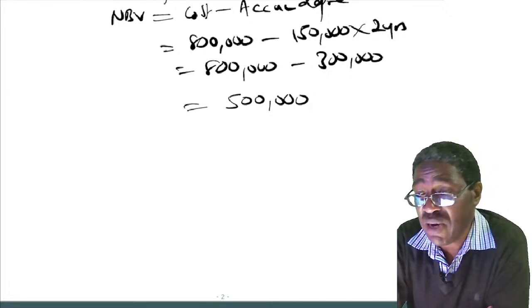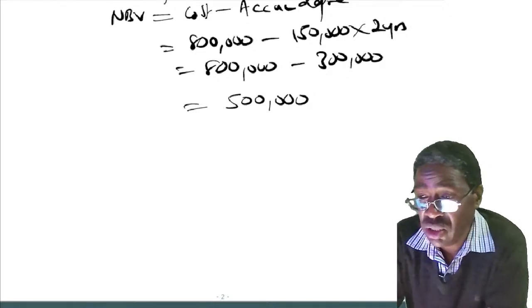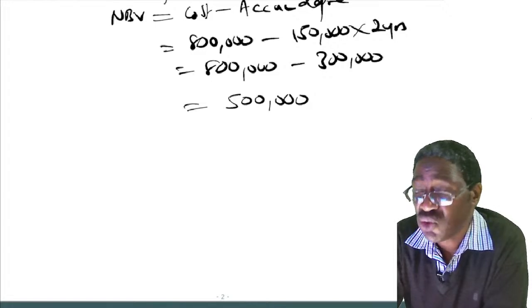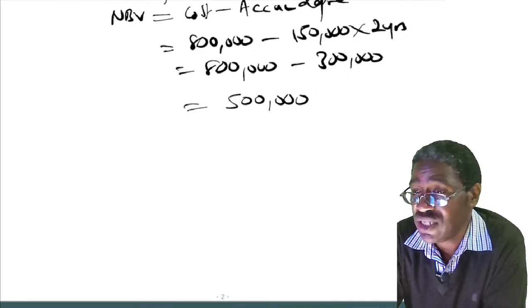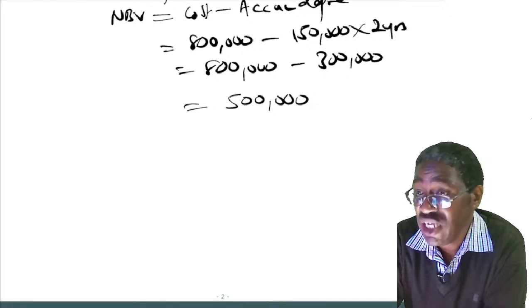We can't get a buyer. So there is nothing to calculate there as the net realizable value. Otherwise, to get the net realizable value, you normally take the selling price minus any cost to sell. But this one, they told us that it can't be sold. So the only working we are remaining with is to determine the value in use.